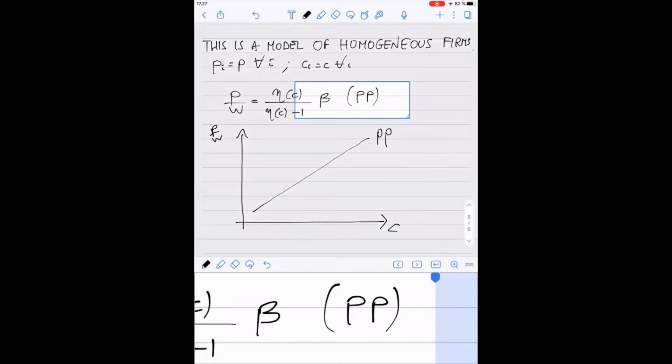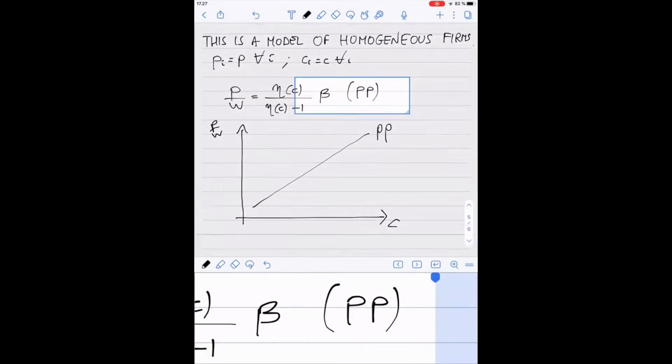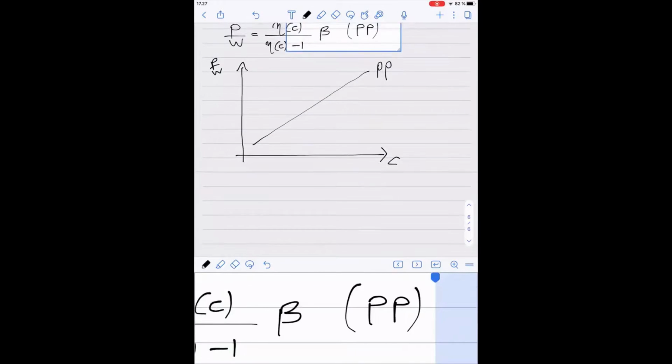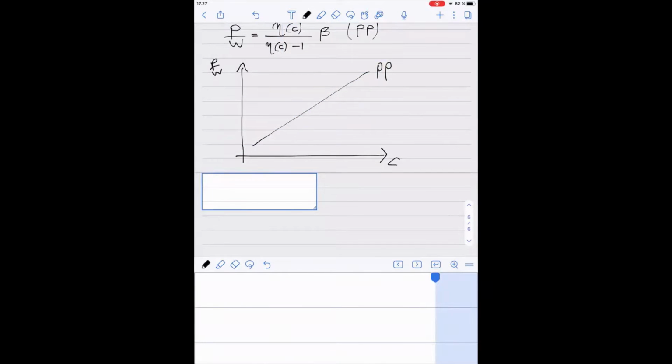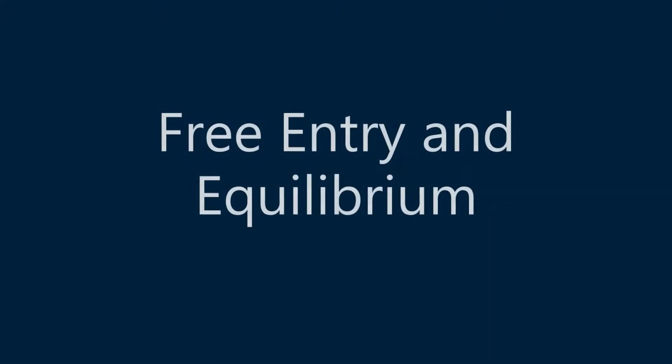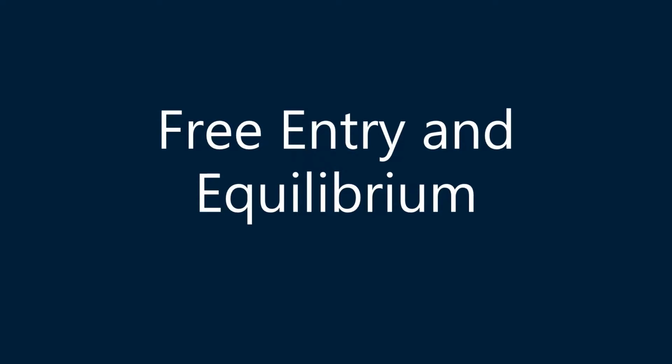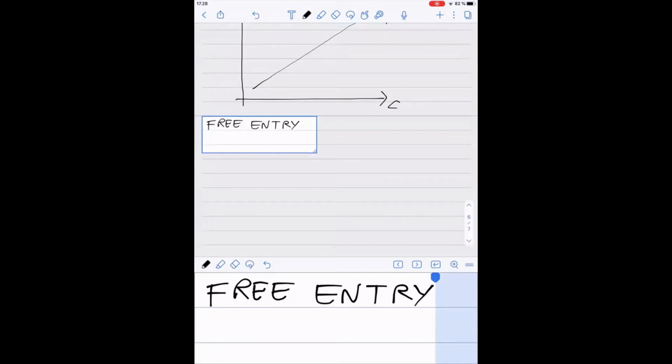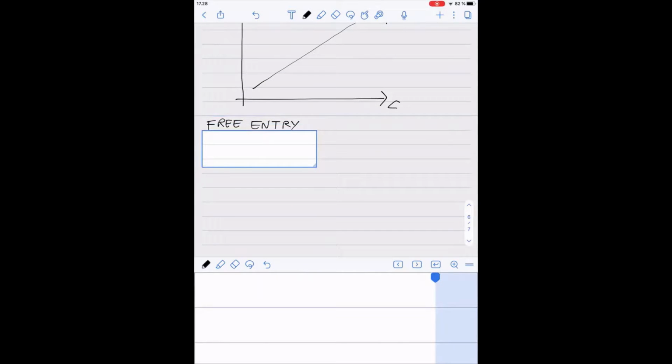Excellent. So now let's move on to the other equilibrium condition, which is the free entry condition or the zero profit condition. So all firms can enter. Well, you know it from microeconomics: when firms enter, the residual demand for each surviving firm shifts to the left and becomes flatter, so profits decline.